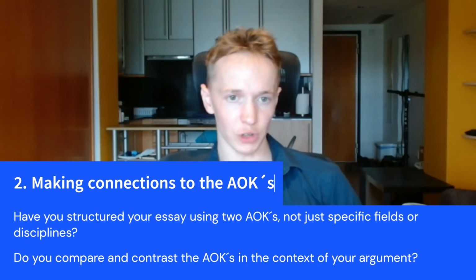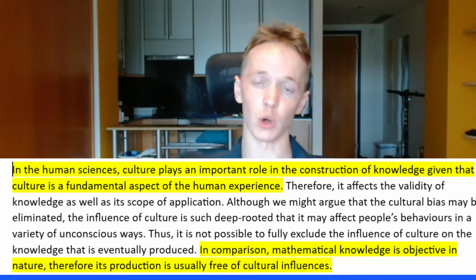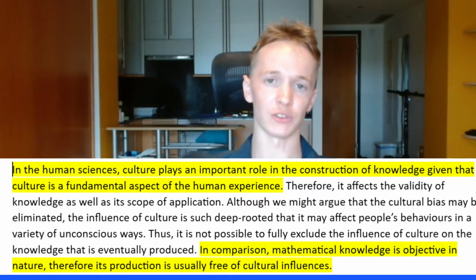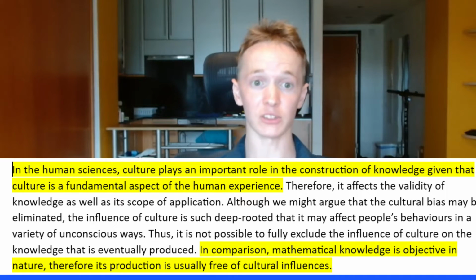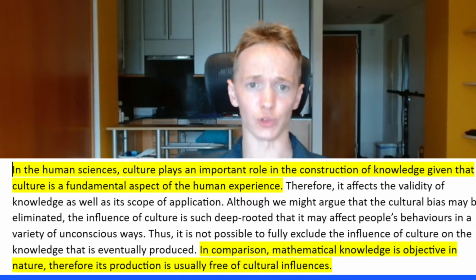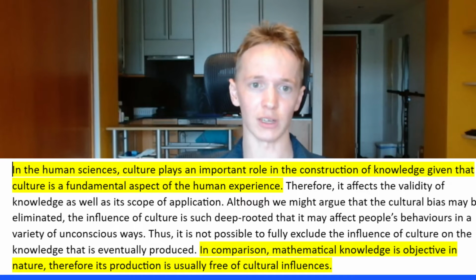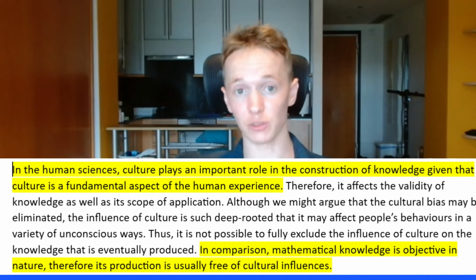So to show you an example of this, here is a student comparing the relative importance of culture in the construction of knowledge in the human sciences and mathematics. They have written, in the human sciences, culture plays an important role in the construction of knowledge, given that culture is a fundamental aspect of the human experience.